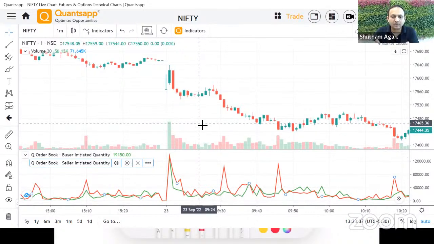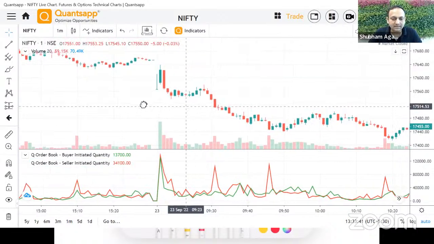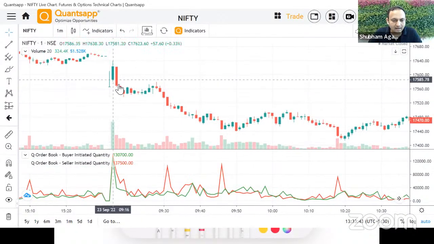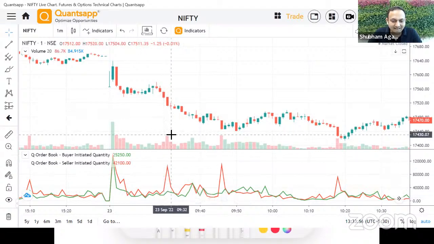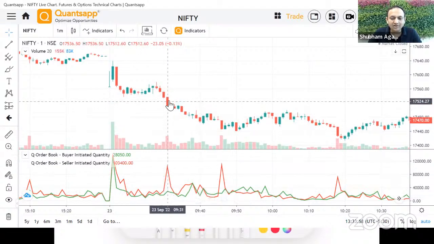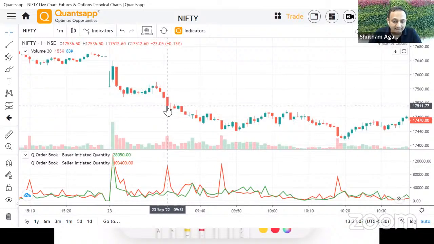So I'll wait for a confirmation that sellers are more aggressive compared to buyers. If you see, after some time, around this level, you have a very, very clear indication that sellers are significant and buyers are not there. Significant amount of selling and buyers are not there. This is the precise time when you will say, okay, I will go and short this instrument. And obviously it is Nifty. So 17,525 is roughly where you'll be selling this.